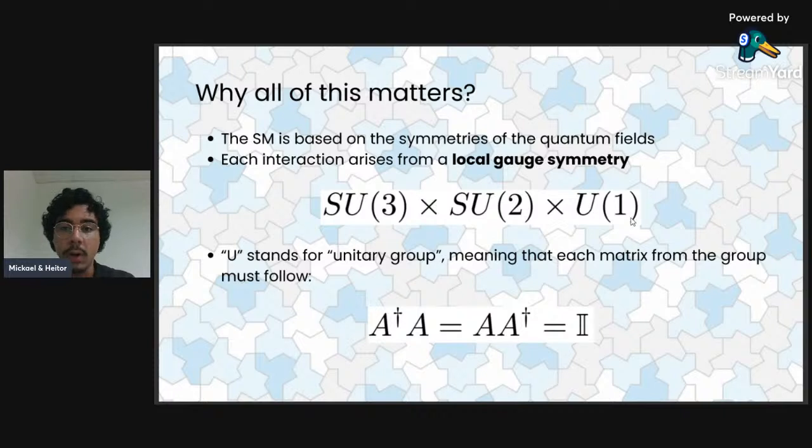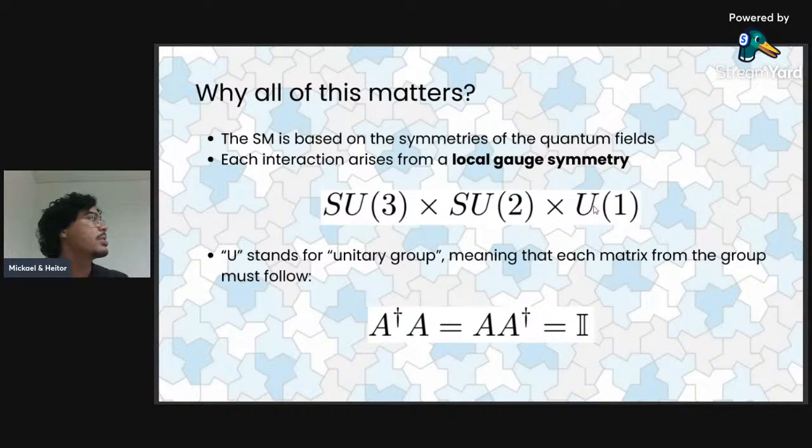We have U1, the group that gives me the symmetry of electromagnetism. We have SU2, which in the same way gives me the symmetry of the weak force, and SU3 that in the same way gives me the strong force. And from all of these three groups, the only abelian one is U1. So electromagnetism is the only interaction that comes from an abelian group symmetry.